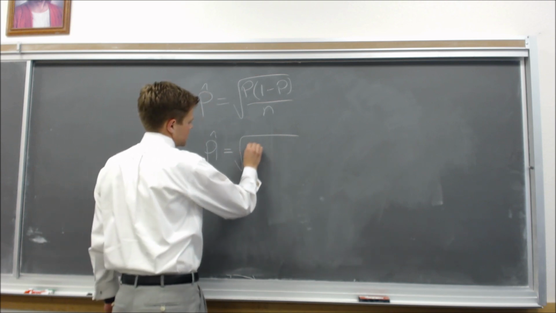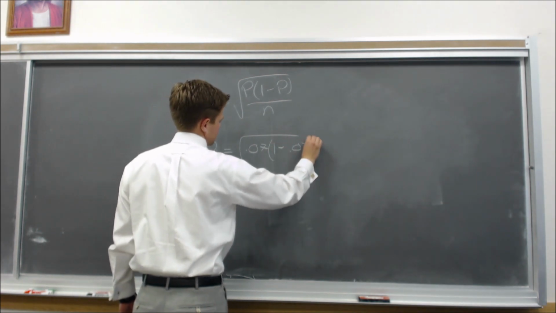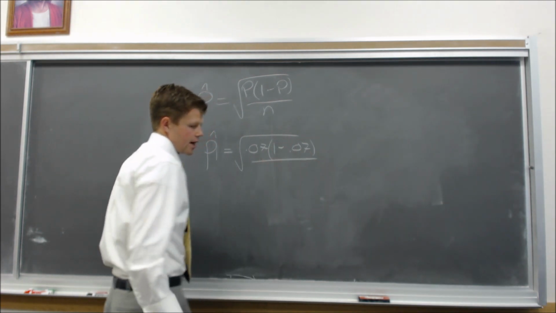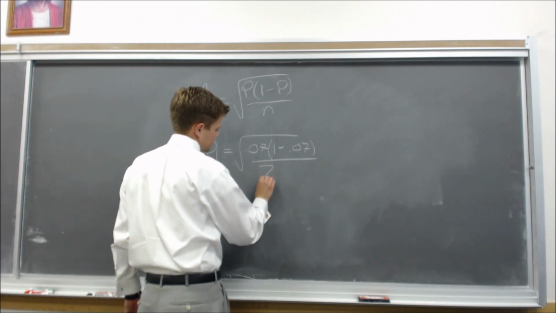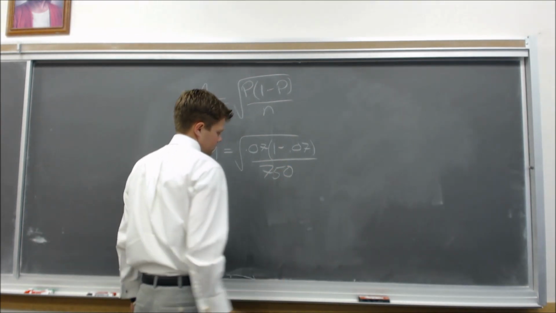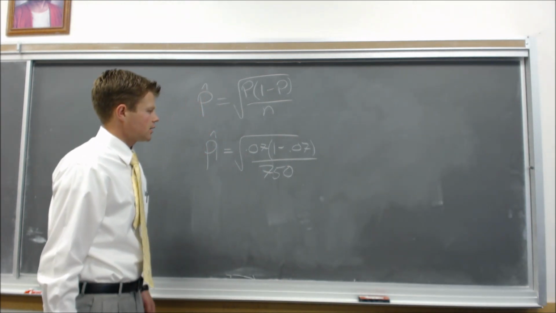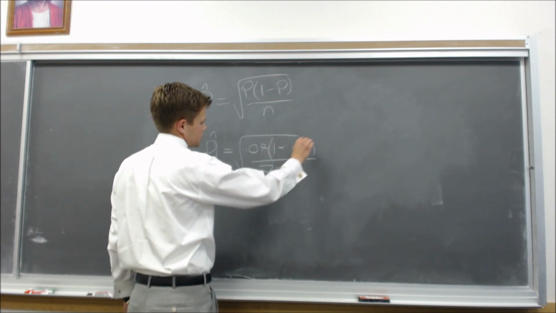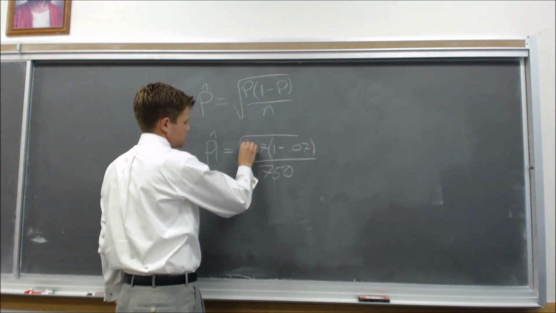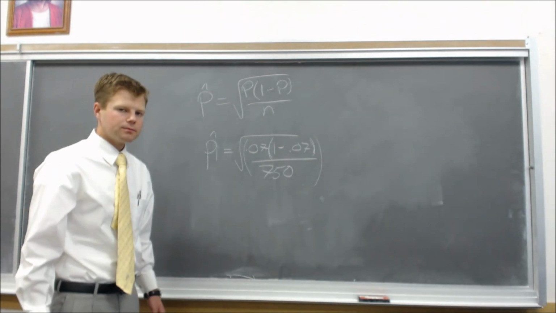So the 0.07, 1 minus 0.07, all divided by our sample size, which in this case is 750, is what they told us. Okay, and then you can just plug that into your calculator. Just really make sure to include these parentheses. And in some calculators, you need to include parentheses right there as well.